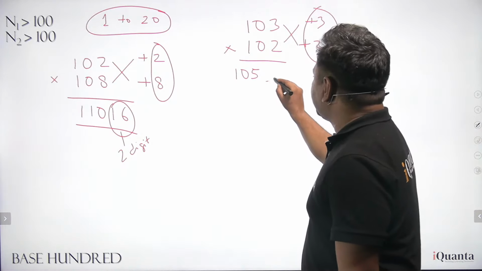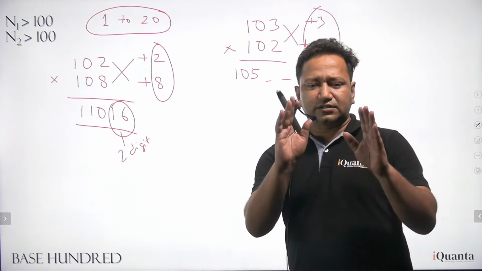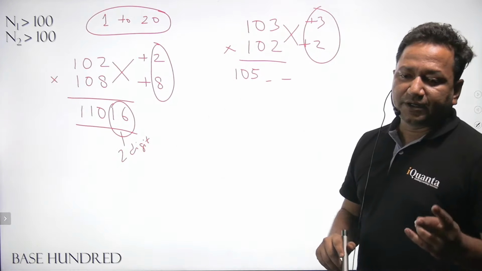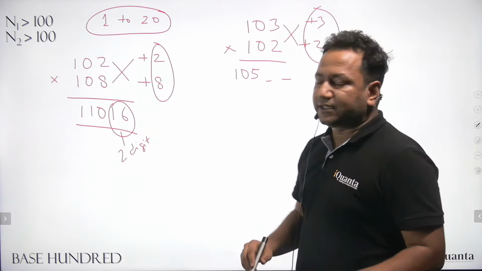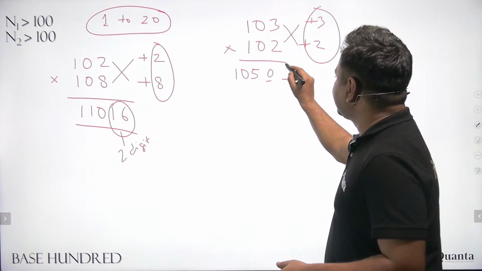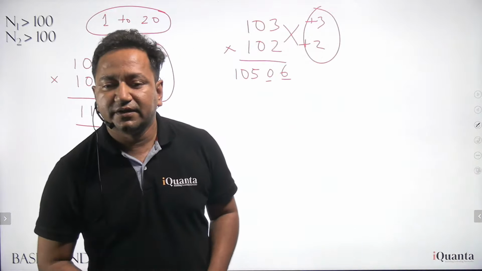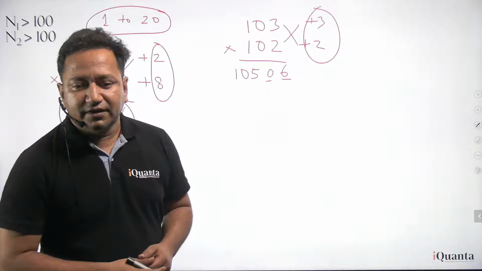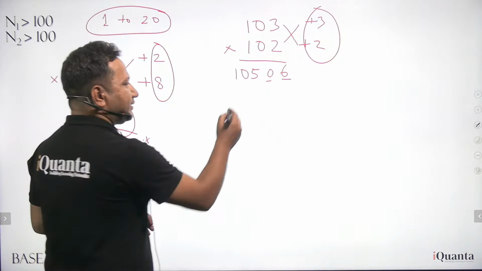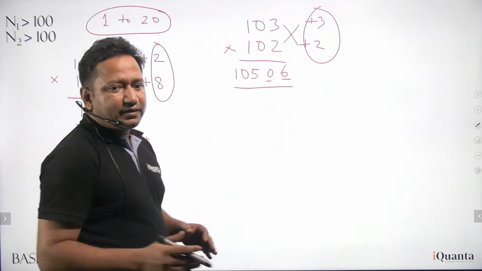But I require 2 digits. So you have to always remember that the product should be of 2 digits. And if it is a single digit, I'll just put a 0 over here and write 6. So 06, just to make it a 2-digit number. So this becomes 10506.